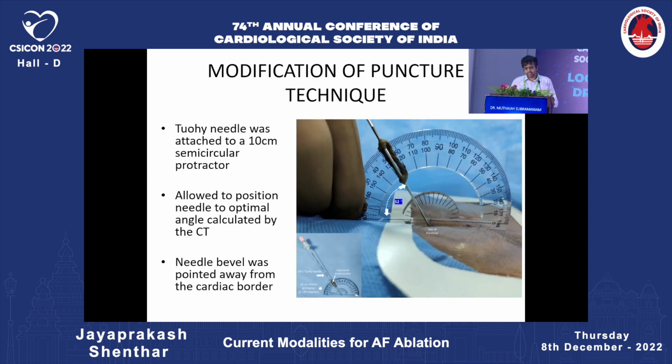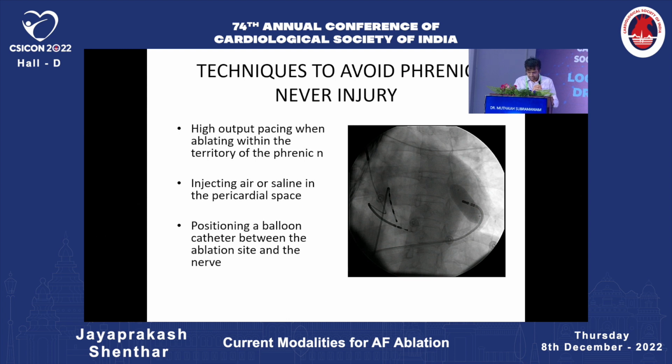We loaded the 18 gauge Tuohy needle onto a protractor, and based on the angle that was determined in the CT, we entered the epicardial space at the same angle. The advantage here is you know at what angle you're supposed to puncture and at what depth you're supposed to enter. So, for example, if it is 5 centimeters that you're entering, you'll have an idea about where you're going to enter, and it makes it a slightly safer and easier procedure.